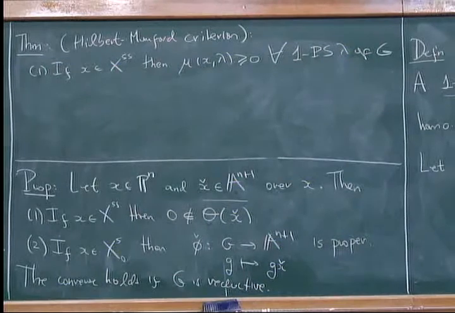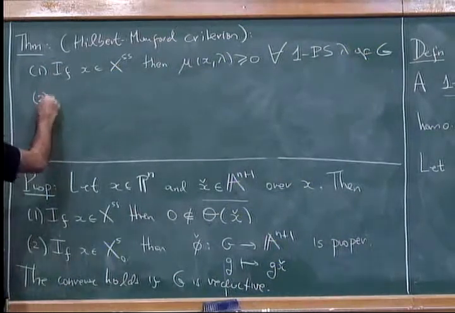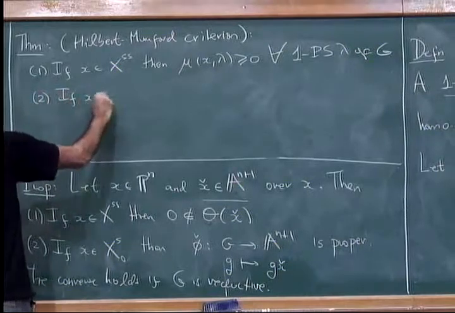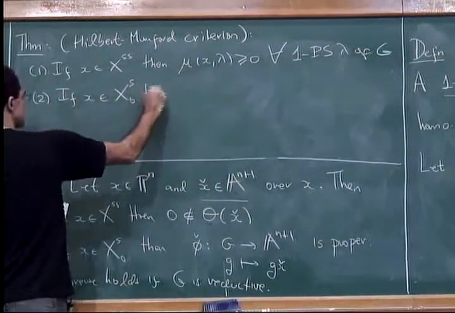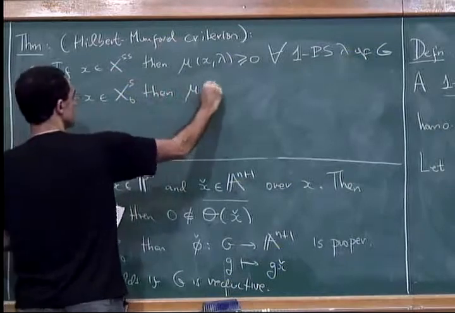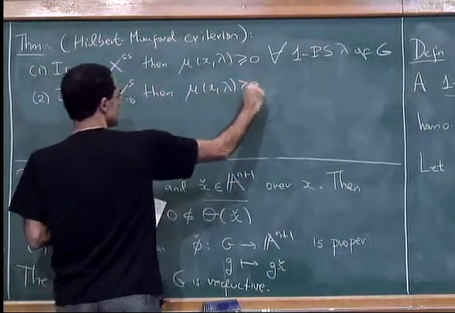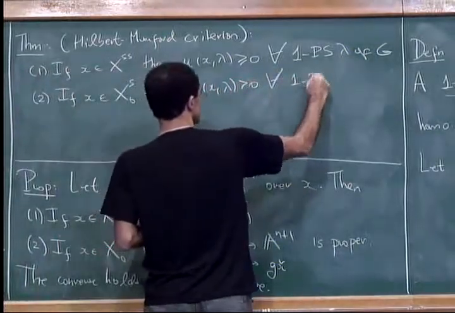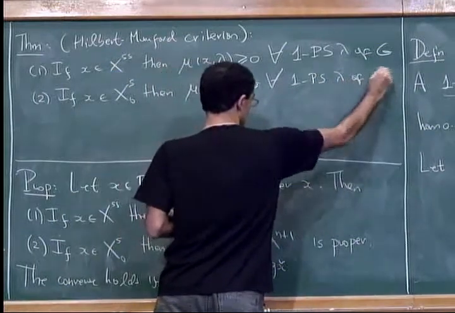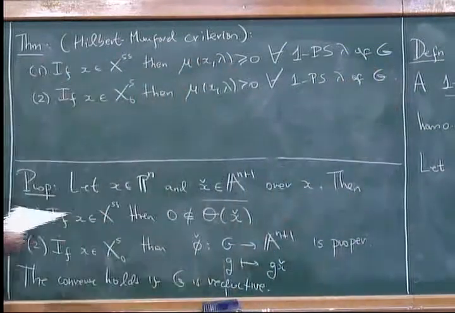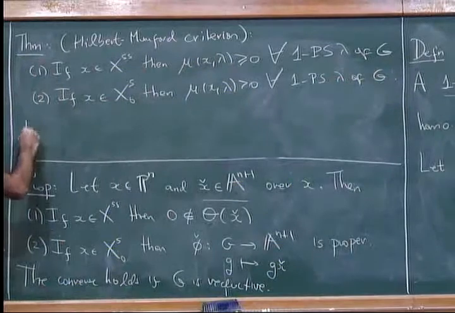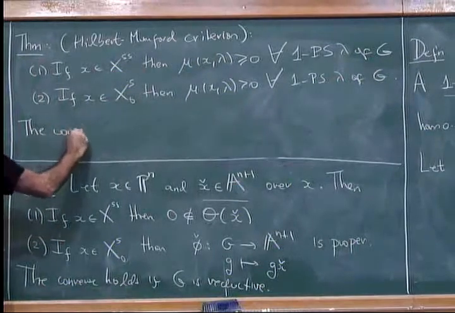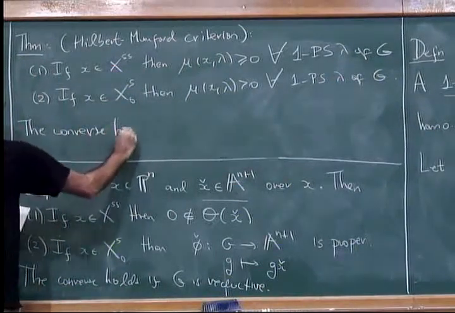For every one-parameter subgroup lambda of G, they should all be non-negative. And if x is properly stable, then they should actually be positive. And conversely, it holds if G is reductive.